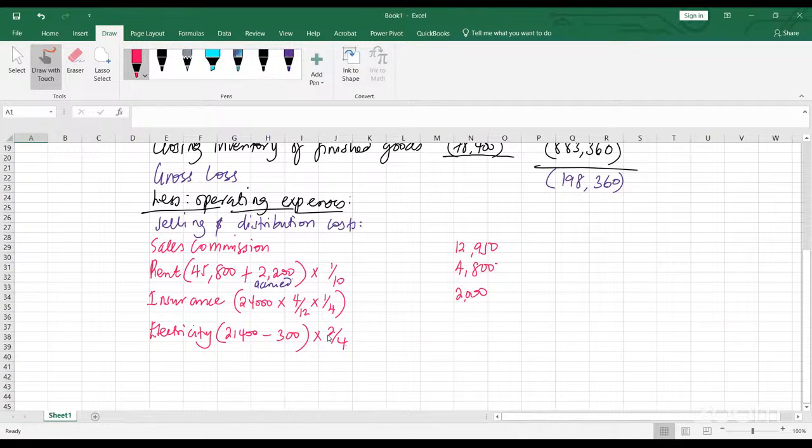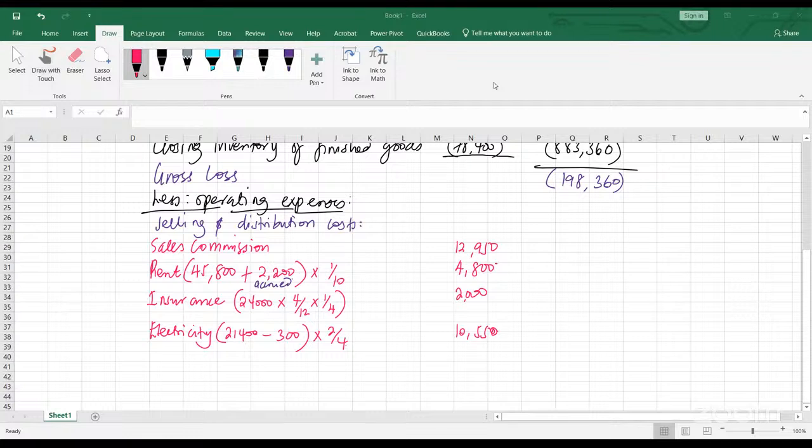How much is it? It's 10,550. Okay, that is 10,550. Which other expenses do we have?